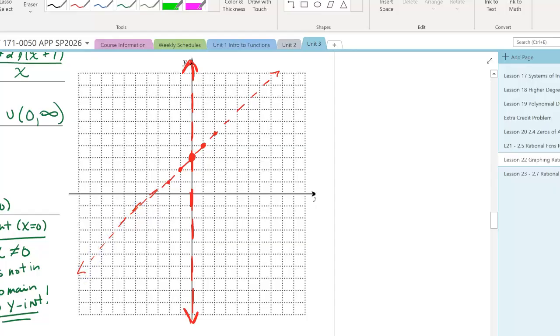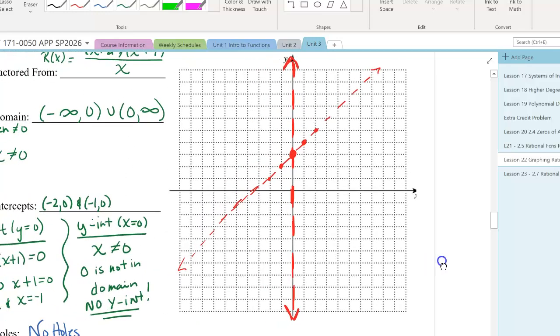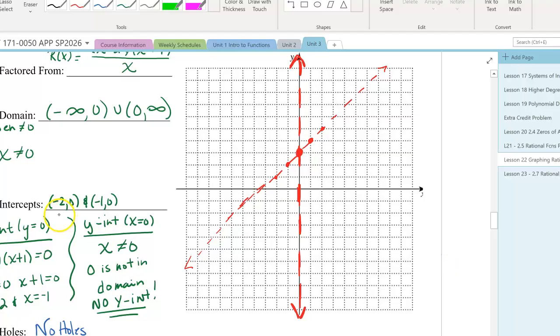And now I do have a few points, I think maybe 2. I had 2 x-intercepts, -2, 0, and -1, 0. Now I know that it's not going to turn and go back up, so this must come this way, and this must come this way, and it's going to come and go through there.